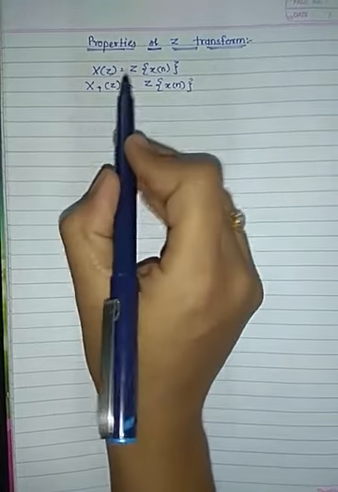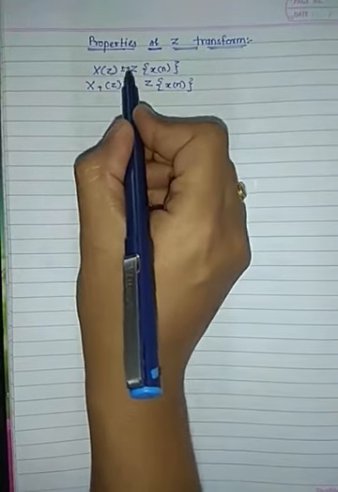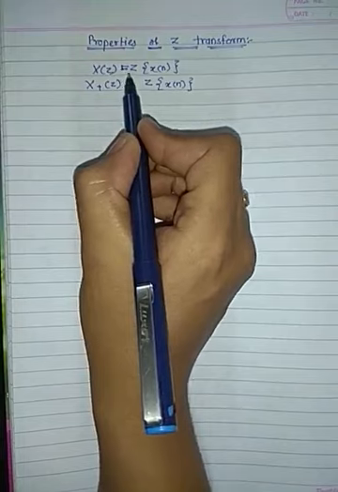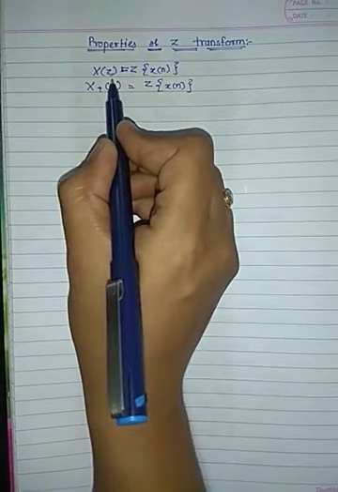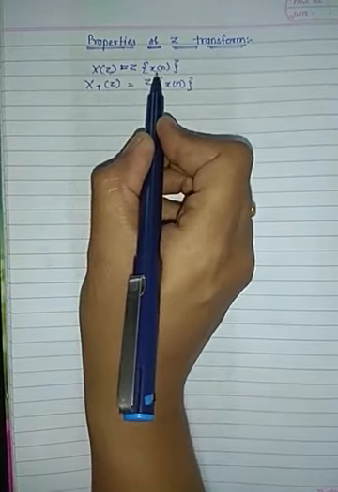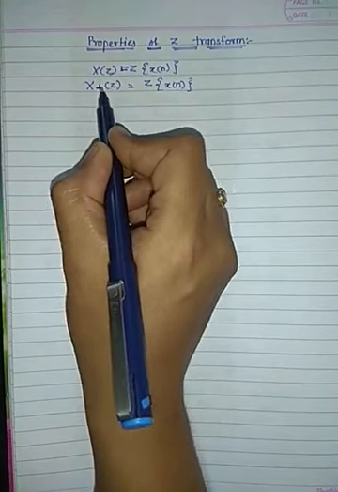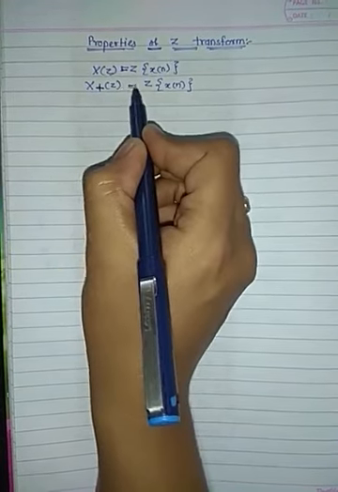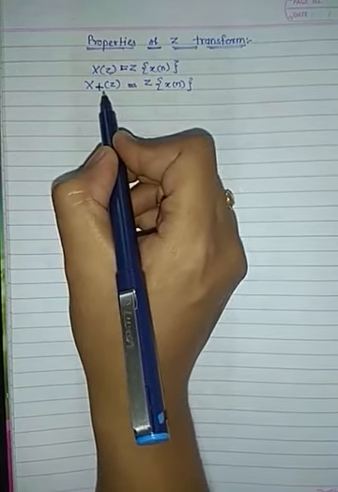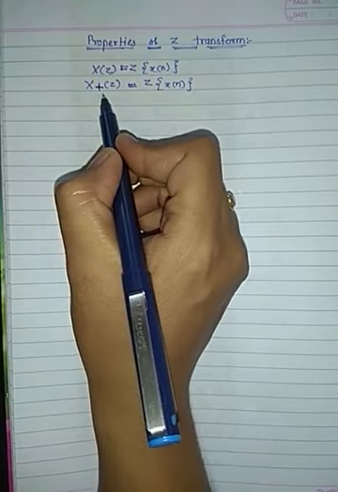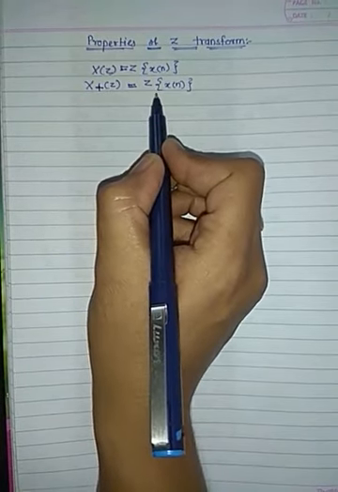That means if the property holds for causal, anti-causal or two-sided sequences, we will consider X of z as the Z transform of x of n, and if the property is only for the one-sided sequence, we will write it as X plus of z.